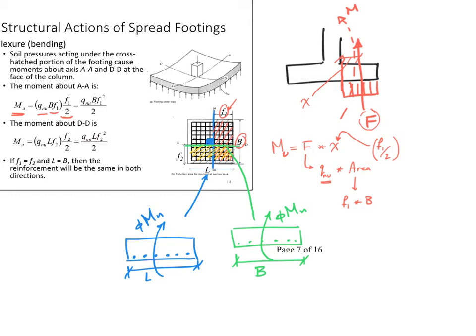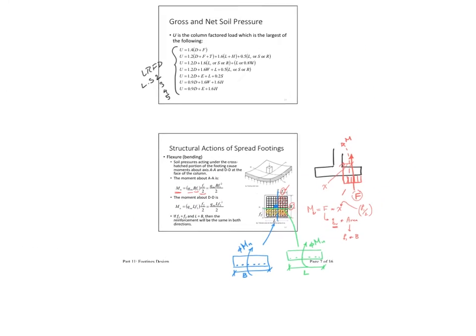For the blue one, this will be B. For the green one, this will be L. So for the green one, it's L, width, and for the blue one, it's B, width. And then you just apply all the equations we had to find phi Mn. You find A, C, D, C over D, or dt, and then you keep going.